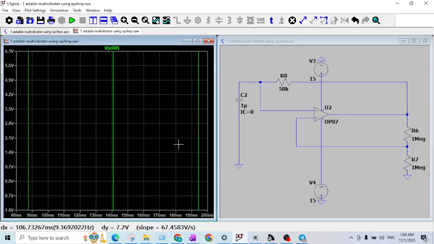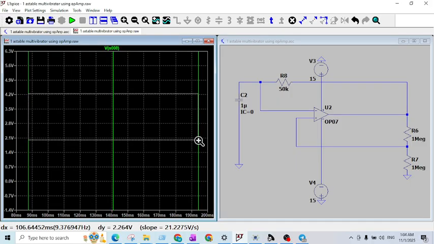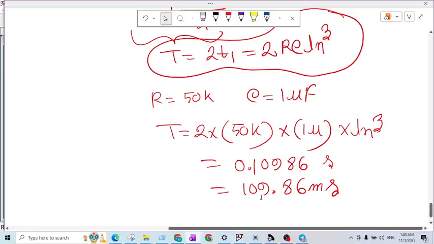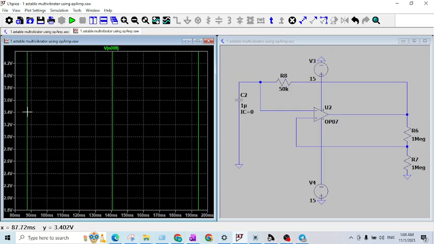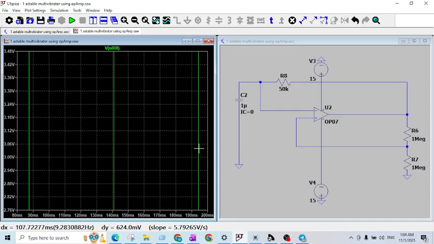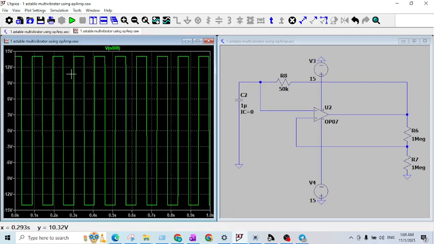Let me do this again. This is 106.64 milliseconds, slightly different than our answer. Our answer was 109, but this is actually 106 or 107 millisecond, and you know why that is happening? It's because, let me show you.